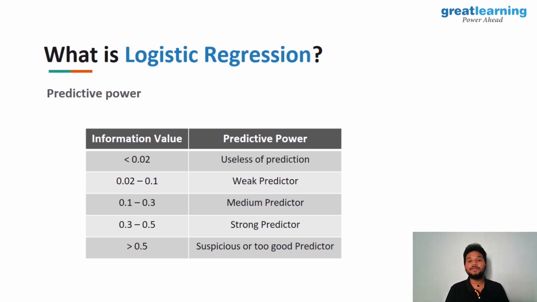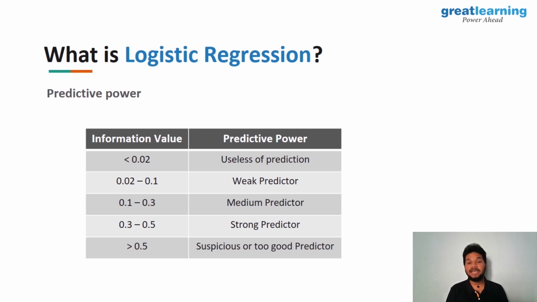But if your information value is between 0.02 and 0.1, there is a weak predictor. If it's between 10 and 30%, we say it's a medium predictor, predicting really well. And if it lies between 30 and 50%, we say it's a strong prediction, and there's a good chance we can rely on this.